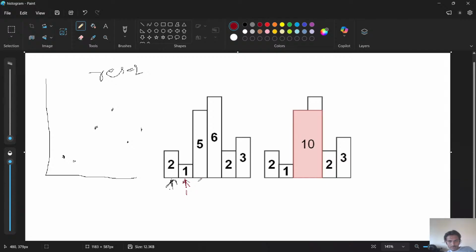Move this to here, and then this to here. Okay, if it is smaller, we calculate.